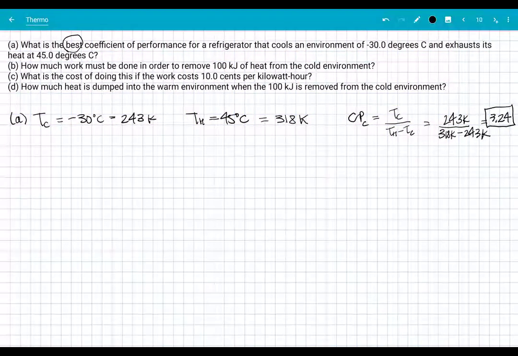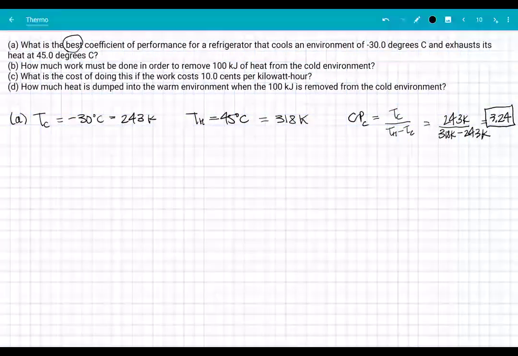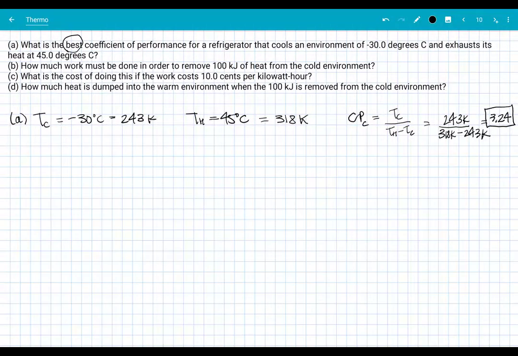If you're asking yourself what's the point of Carnot, why do we even use that if we can never get to it? The reason is that it gives us a really quick and easy way, given a temperature differential, to find the theoretical maximum performance of something. You're not going to get to that theoretical maximum, but if you'd be happy to get to half of that efficiency or performance, then you probably have a shot of building that system.